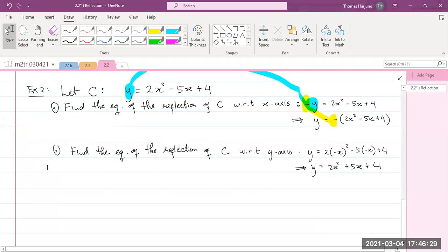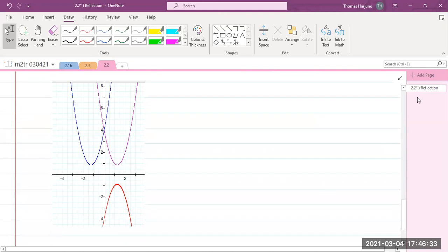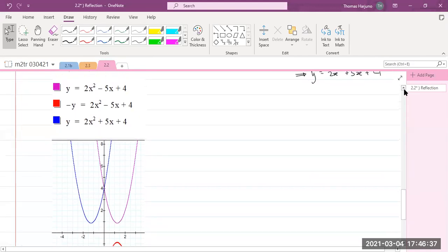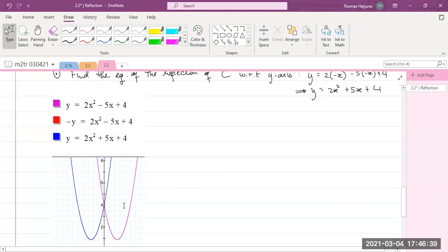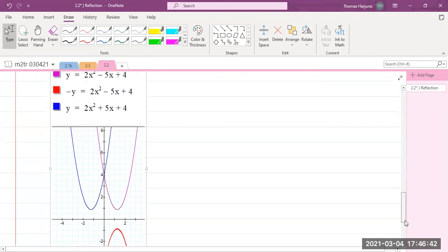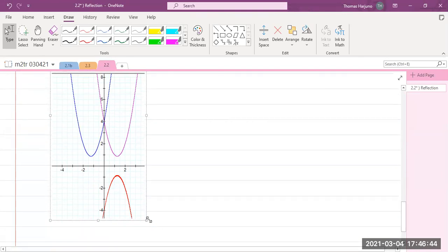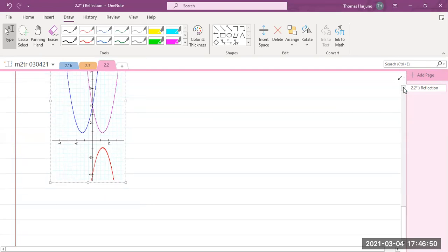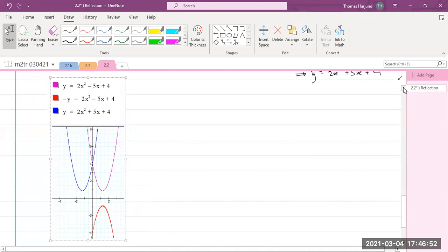Okay, so I hope I provide you a simple way to do such operation. If you want to reflect with respect to x-axis, what do you do? Reflect with respect to y-axis, what do you do? Respect to origin, what do you do? Okay. This may be too small, but I hope that's okay.